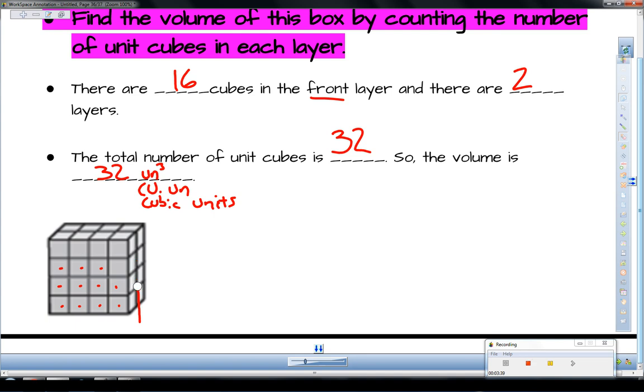Some of you might have cut this box differently, so let me show you that real quick. You might have cut it like a cake, like a stacked cake, so it has different layers. And so now we have 4 layers.